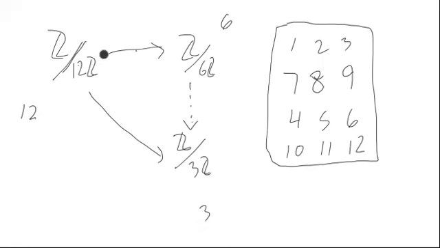Okay, so this function right here goes from these 12 different things to this one. It means basically to put. So if we have a 1 right here, where is it going to go here?